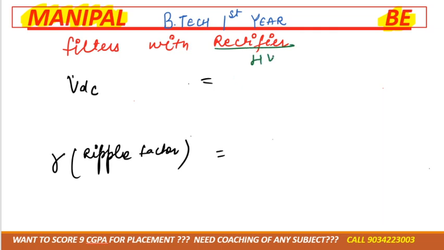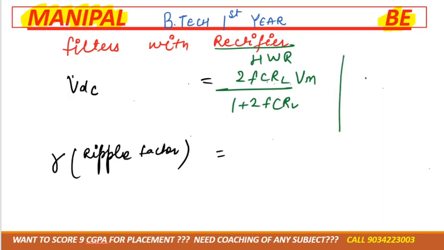For half wave rectifier the formula for VDC is Vm divided by 1 plus 1 by 2 F C RL. Vm is the maximum voltage, RL is the load resistance, C stands for capacitor. They'll give you the capacitor value, F stands for frequency.